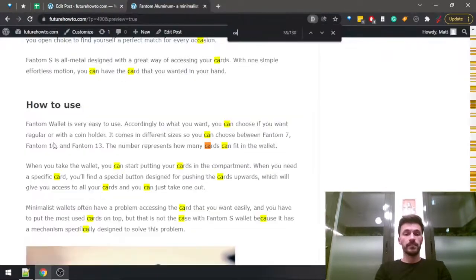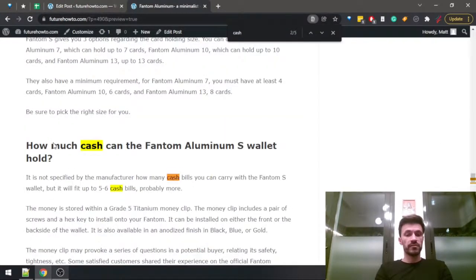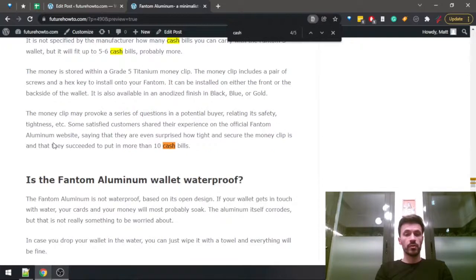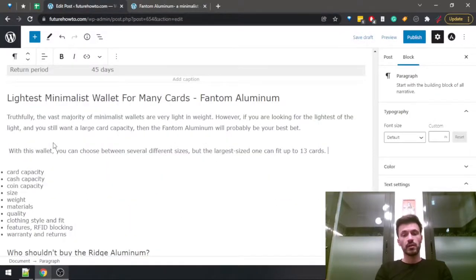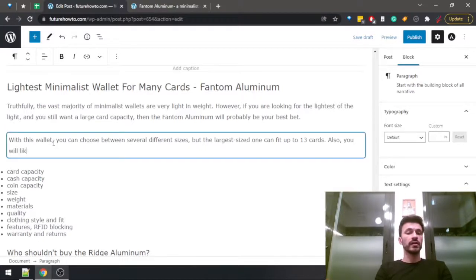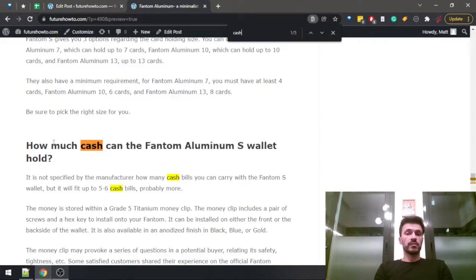Okay, 5 or 6 bills, probably more. Also, you will likely be able to fit up to 10 cash bills inside of it.